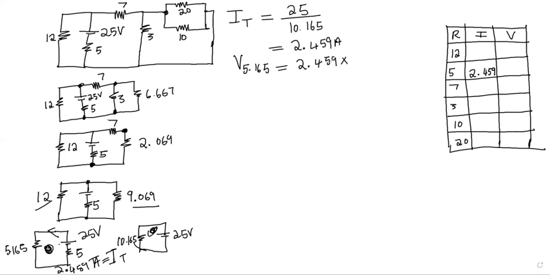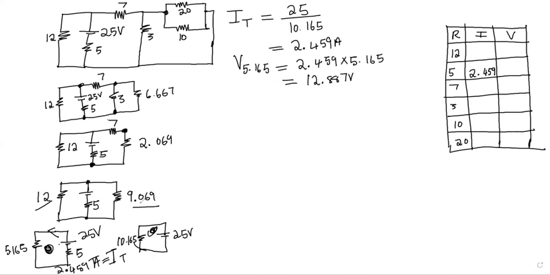So what is the total current of it? It is 2.459. Then what is the total resistance? It's 5.165. So 2.459 times 5.165 is equal to 12.887. So the voltage across 5.165 is 12.887.